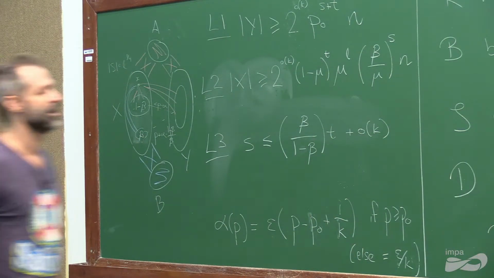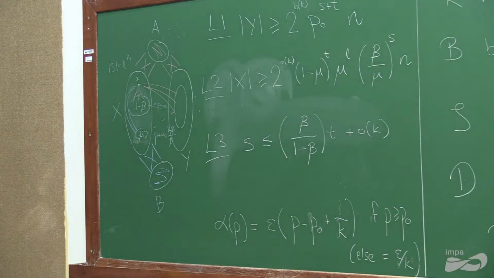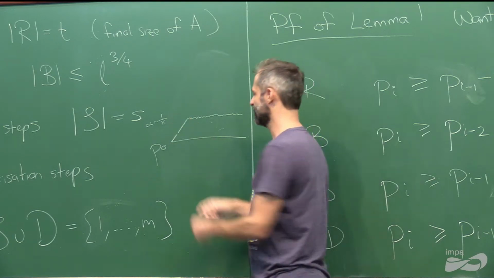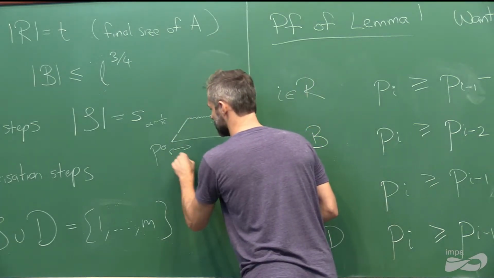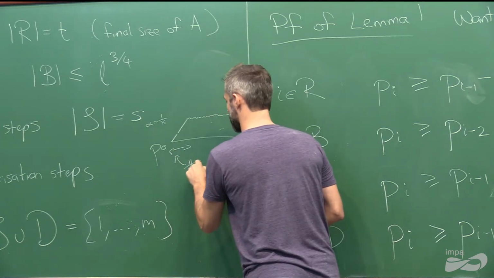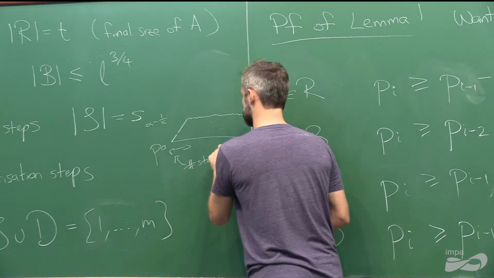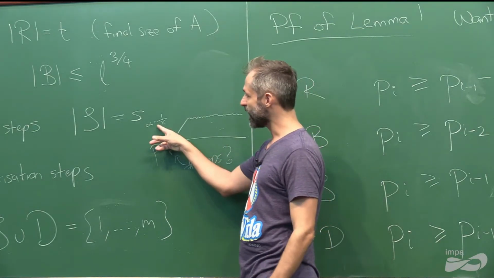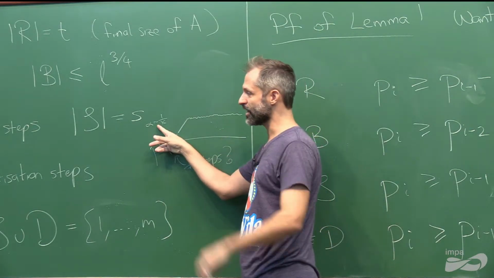Okay? And we lose a little bit here, but really not very much at all, because how many steps does it take us to get from here to here? How many steps does it take us to get from P0 to somewhere where alpha is 1 over epsilon times bigger?